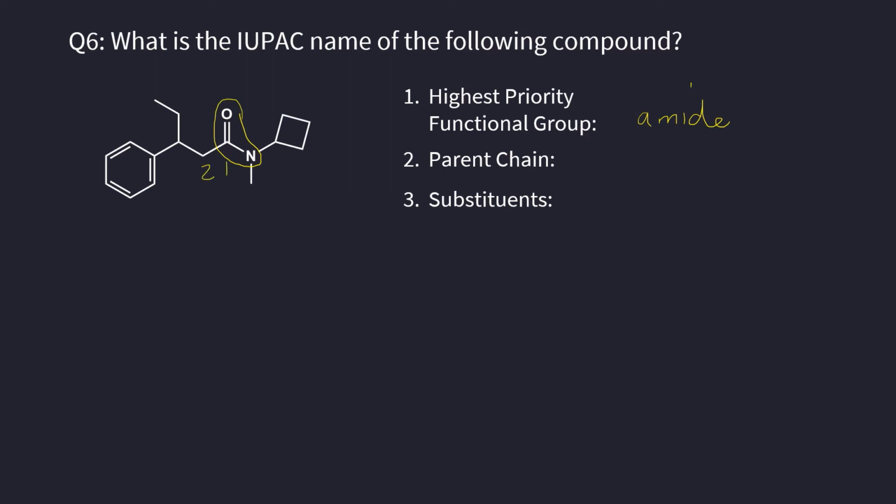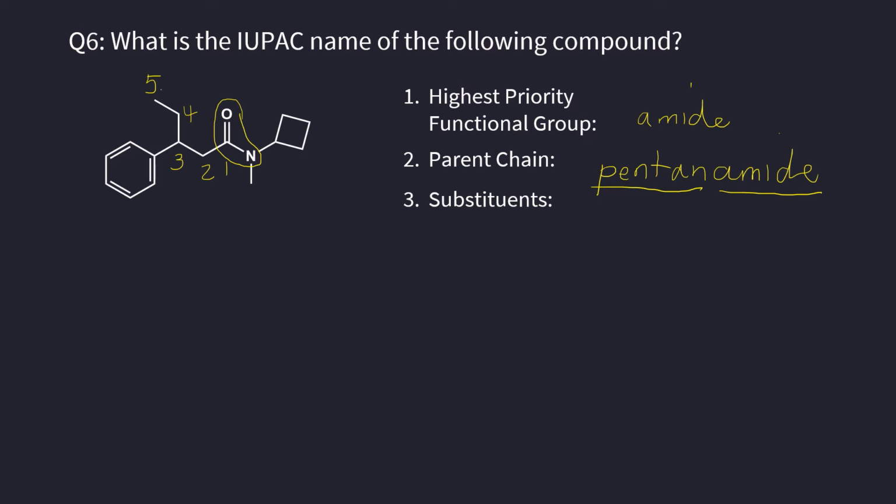And this amide has a carbon chain attached to it with 5 carbons. So the parent chain is named pentanamide. So a pentane chain with an amide functional group.